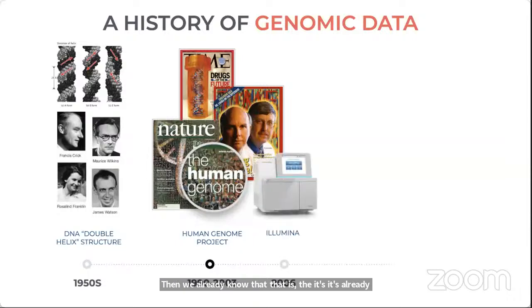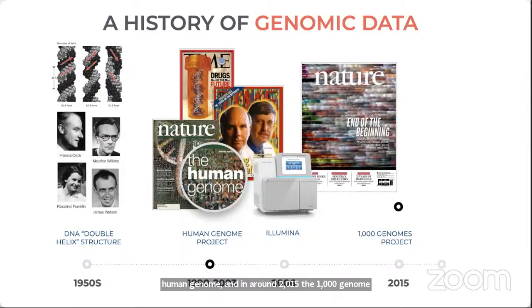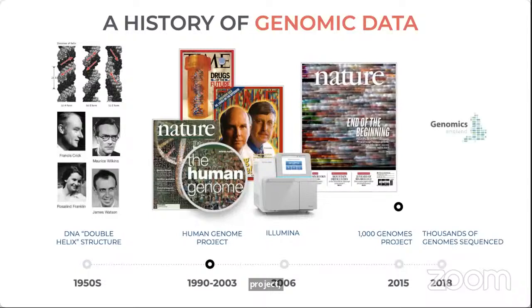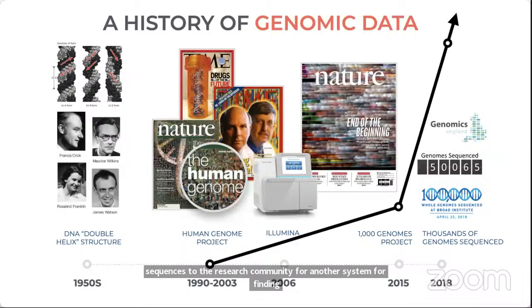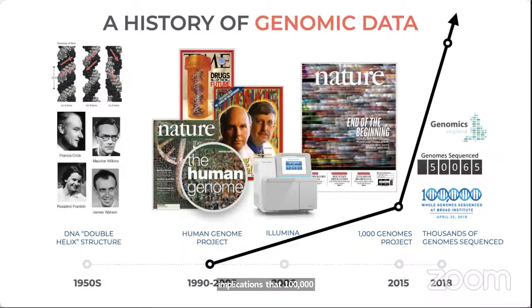And in around 2015, the 1000 Genomes Project brought a significant number of whole genome sequences to the research community for analysis and for finding implications. 100,000 whole genomes were sequenced by 2018, and today there is an ever increasing number of data sets that are available to help researchers understand cellular processes, molecular functions, and in the context of disease biology, for example rare diseases, and also in the context of cancer biology.